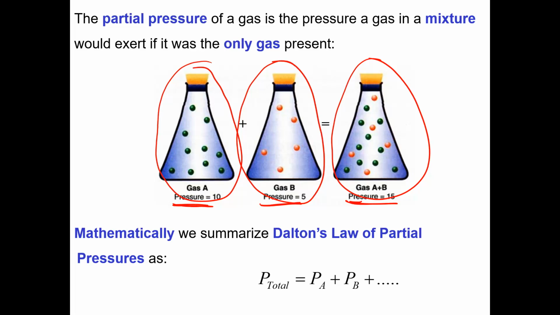That is, the pressure of the mixture is equal to the sum of the partial pressures of the gases. So having them together in the mixture doesn't make any difference. The gas behaves as though it was the only gas present. That is, the total pressure is just equal to the sum of the partial pressures of however many gases we have in our mixture.